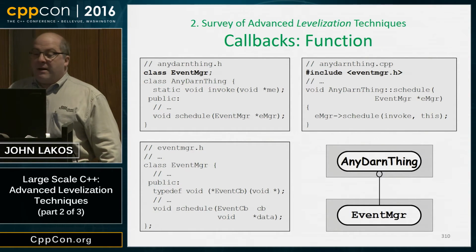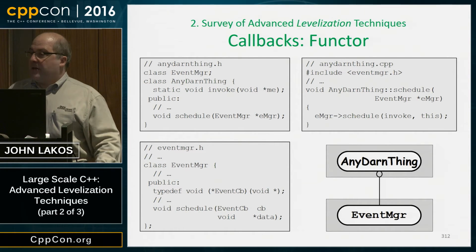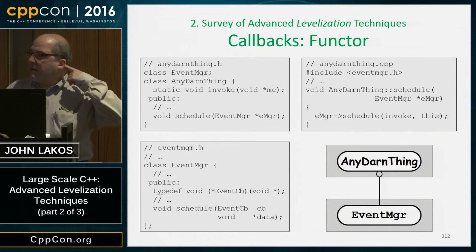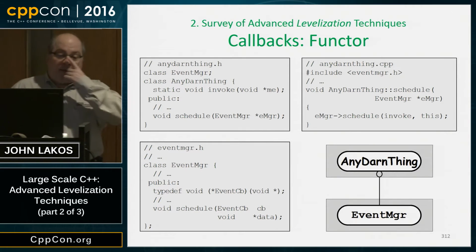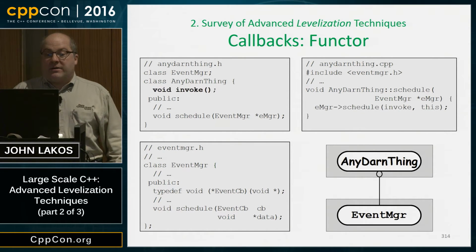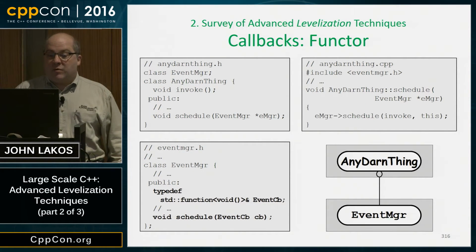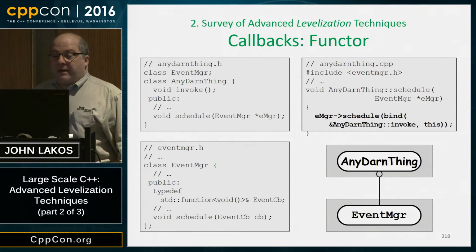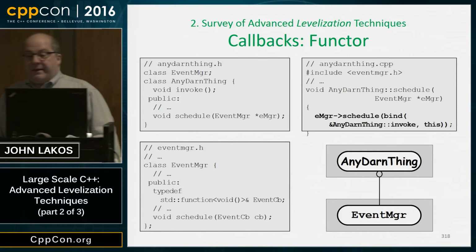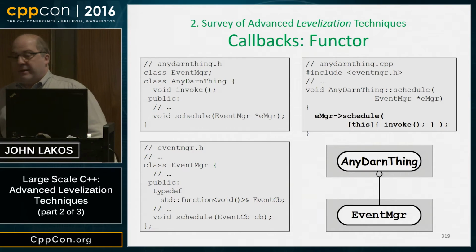It's all fine. And then one day we got functors, and then we said, you know, functors are better because they can wrap up the data with the function. So it's an invocable, and so we make a few changes and turn it into this, and change our scheduler event manager to look a little more like this, and then we change this schedule thing to look like maybe this, and if we waited till C++11, it might look like this, and life is good.